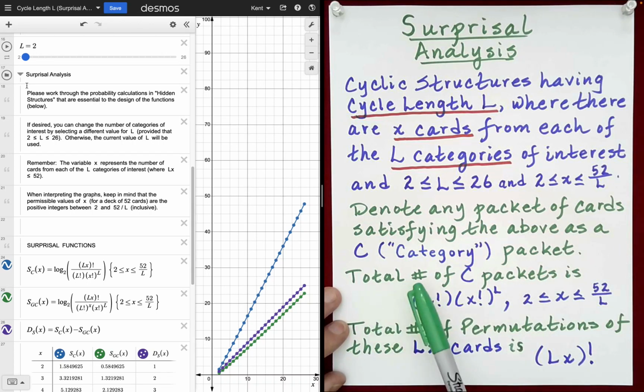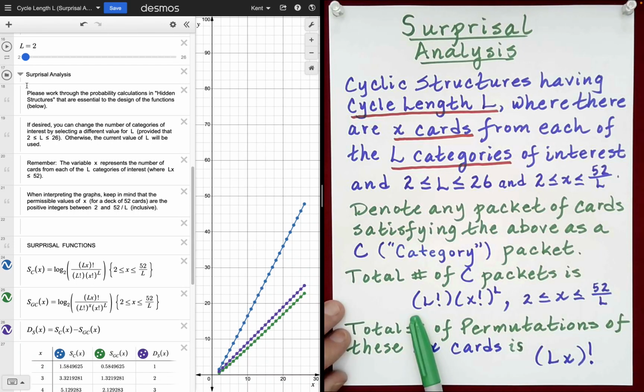The total number of C packets is therefore the following expression. And as already mentioned, you can see that this is simply a generalization of the previous expressions that we have worked with within our videos focused on the Gilbreath principle in this series.